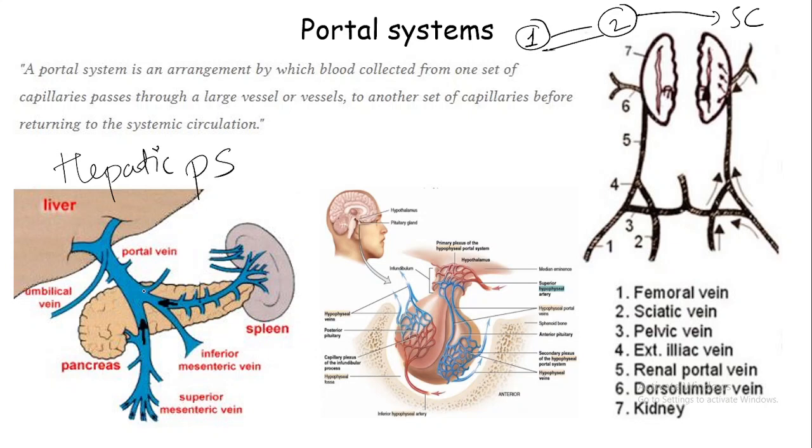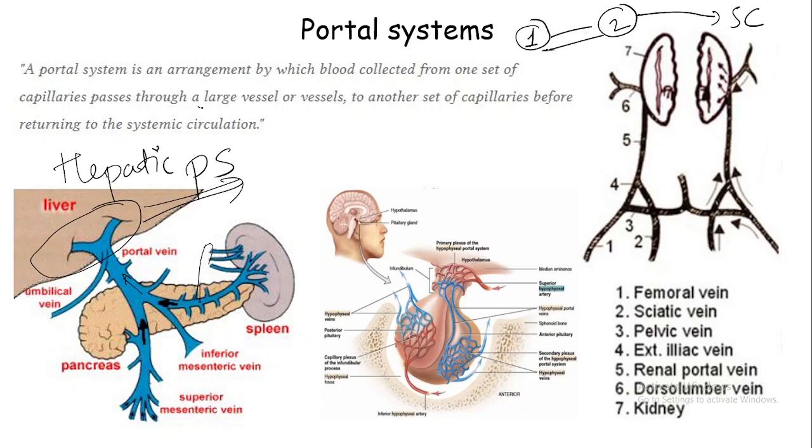In the hepatic portal system, the gastrointestinal organs like the intestine, the spleen, the pancreas, all of these, their connections, the blue color that you see, are given into the liver, and finally the liver connects to the systemic circulation. These are not connected directly to the systemic circulation. All of these contents join the portal vein as mentioned here.